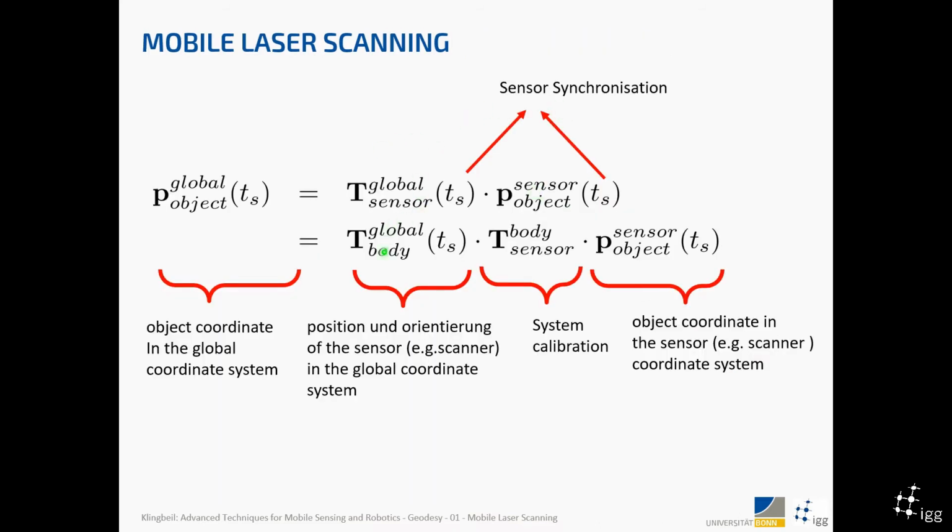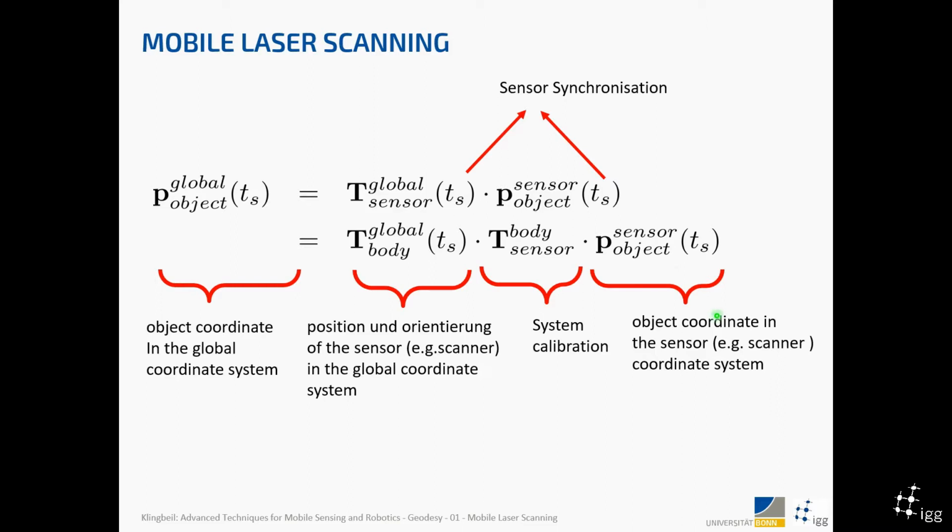So then let's go a bit more again to this equation here, which is basically the most important equation of the whole course, let's say, at least for the part where it's related to mobile mapping. So this is what we have, right? This is also measurement, or again, here we already have seen this, right?